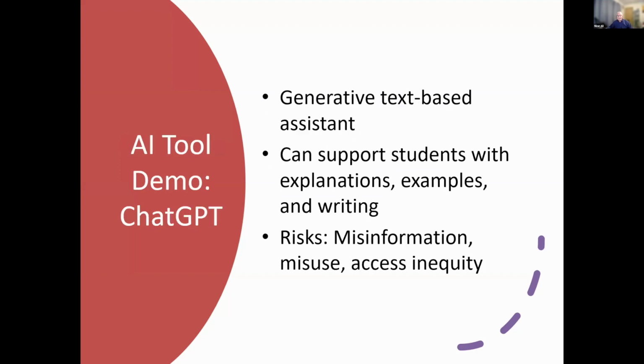Now, let us look at a couple of tools, but unfortunately the time is very short here. I'm not going to talk about ChatGPT because I think all of us know that. Many of us are using it, but I am currently using a very interesting tool called Khanmigo.